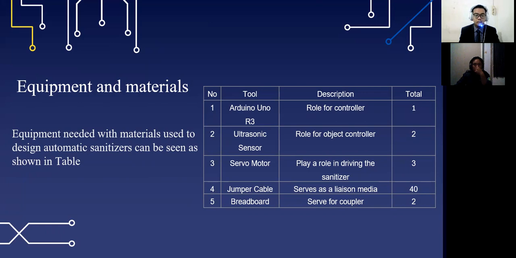The servo motor plays a role in driving the sanitizer, the jumper cable serves as a liaison medium, and the breadboard serves as a coupler. In total, we use in the automatic sanitizer: Arduino is 1, ultrasonic sensor is 2, servo motor is 3, jumper cable is 40, and breadboard is 2. And please next.